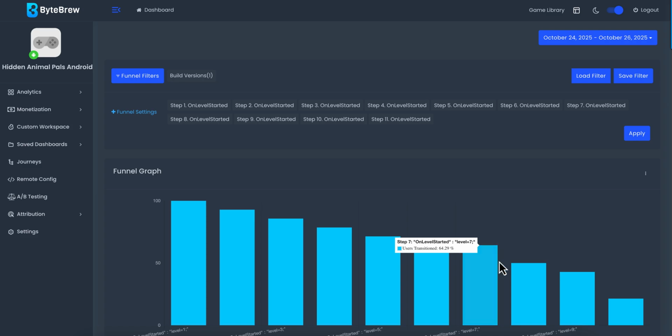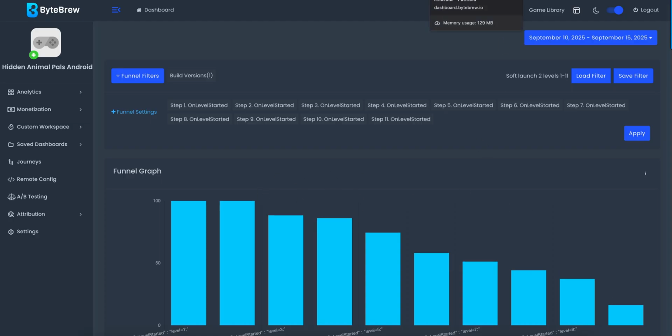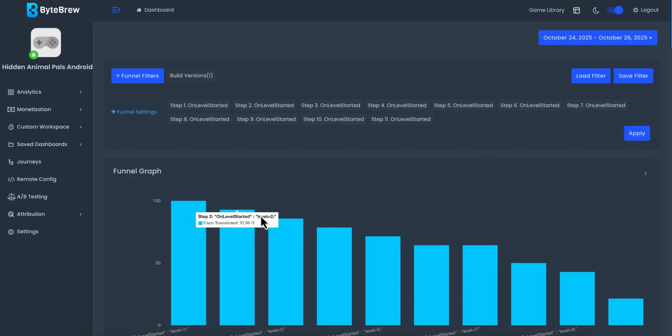But what's actually happening is there's a massive drop here, and what we did differently between this soft launch and here, we introduced the story at level 2. So before this game even starts, and this is really important to add as well, there's like a 1 minute and 30-second story that is occurring before level 1.